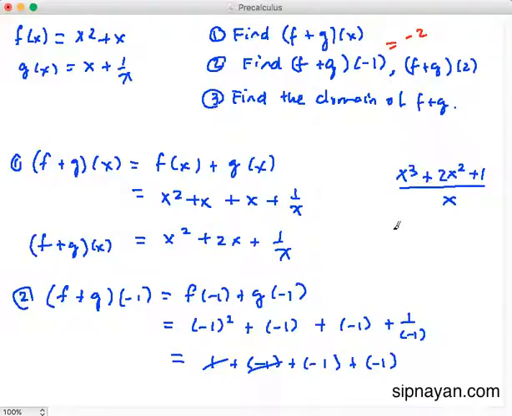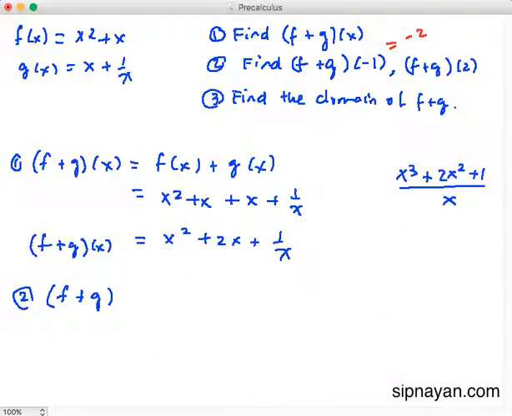Dito ginamit natin yung original definition. Pero pwede rin natin gamitin yung resulting function na. Gagawin natin sa f plus g of 2. Now, f plus g of 2 is equal to, if x equals 2, dahil nag-add na tayo, pwede na ito diretso. So, magiging 2 squared plus 2 times 2 plus 1 half.